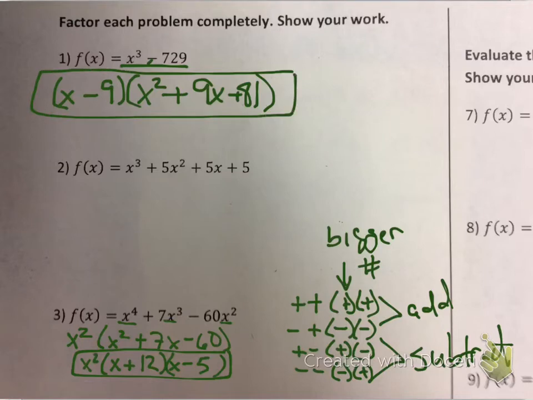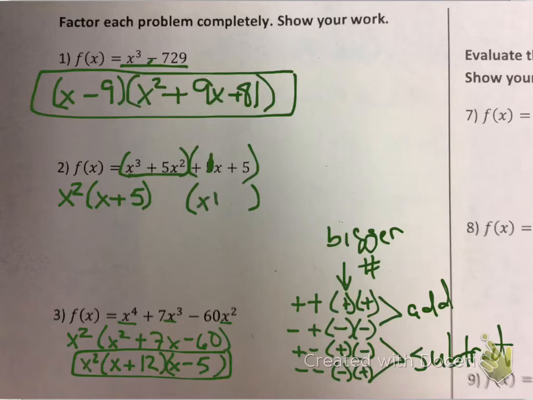Now, if they have 4 terms, separate them like that, 2 and 2. Notice I can take out x squared in the first parentheses, so I'm going to take out an x squared. That leaves me with an x plus 5. Oh, and I made a typo on this. This should have just been a 1, so consider that a 1. If I write x plus 5 in the first parentheses, I need to write x plus 5 in the second parentheses.